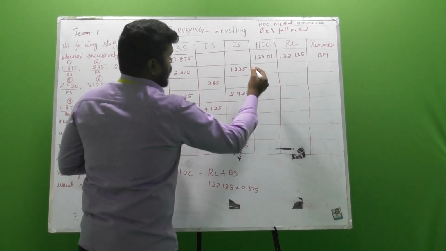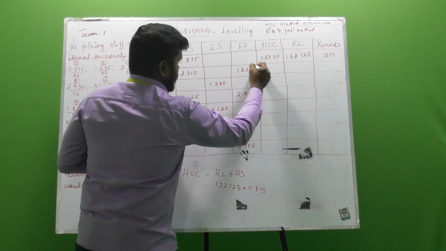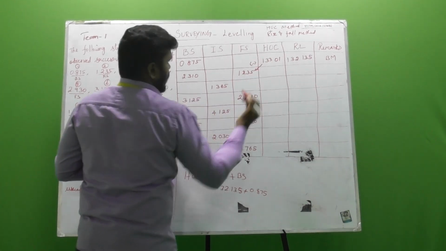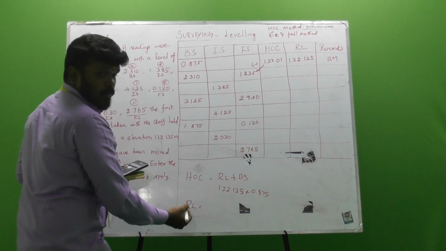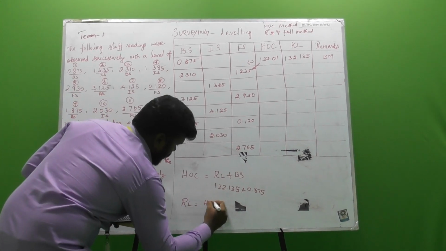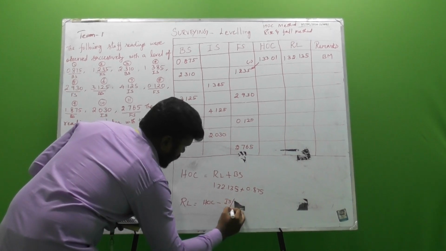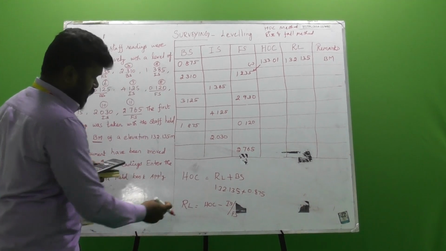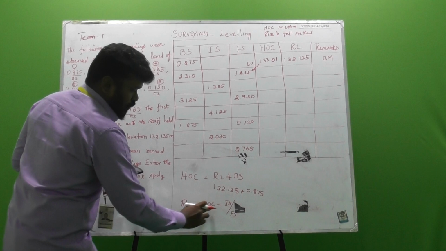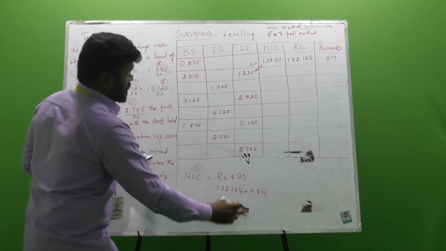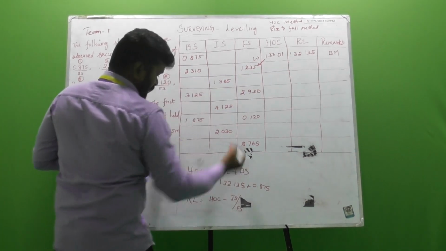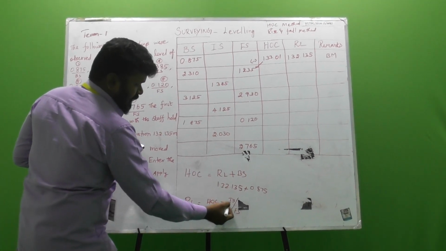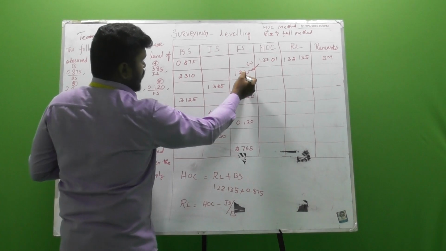So how will you find RL? RL is equal to HOC minus IS or FS. That is the RL value formula. We know that HOC is 133.01, and we have the FS value.